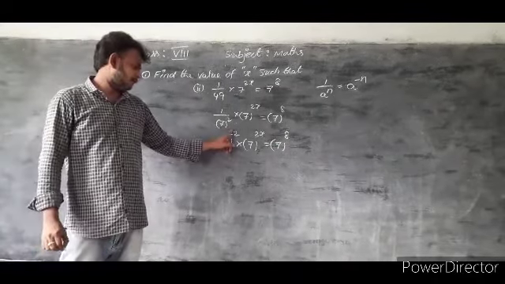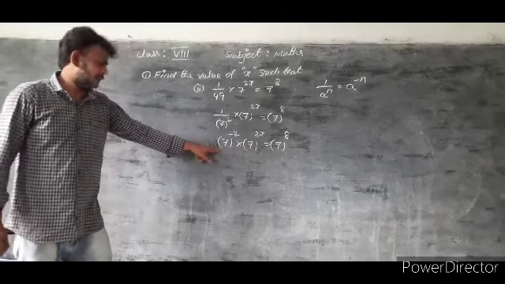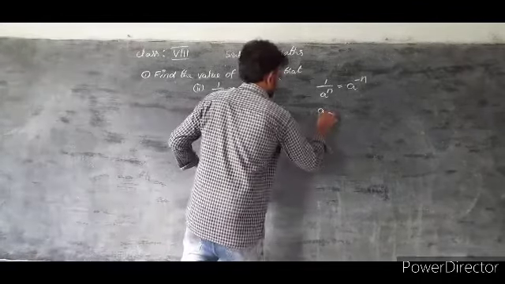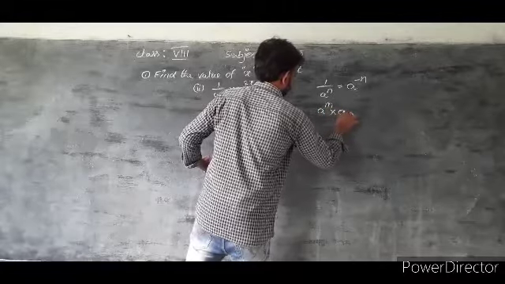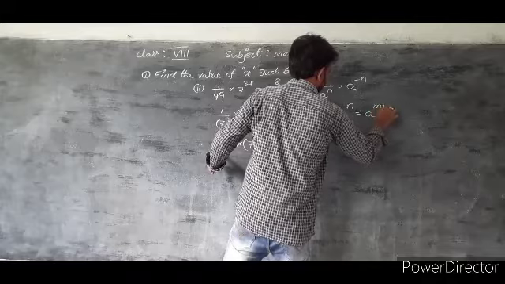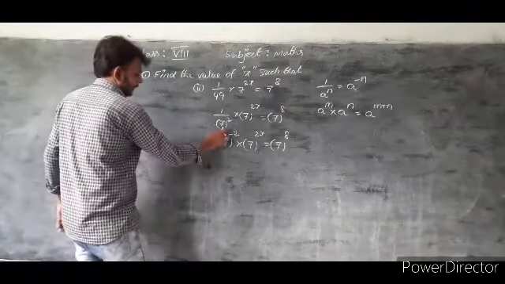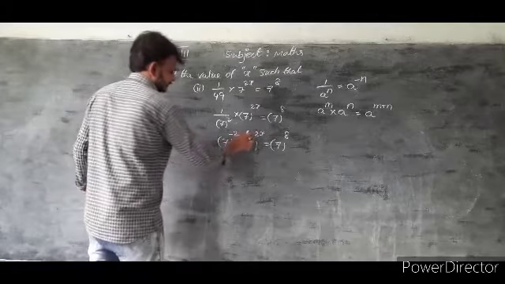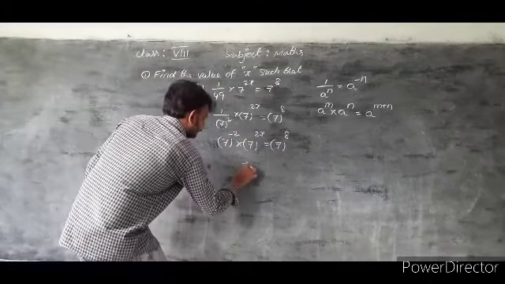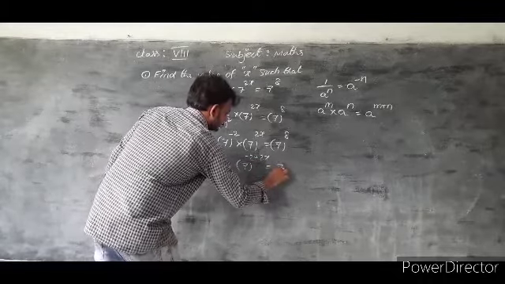It is in the form of a power m into a power n equal to a power m plus n. So 7 power minus 2 into 7 power 2x is written as 7 power minus 2 plus 2x equal to 7 power 8.